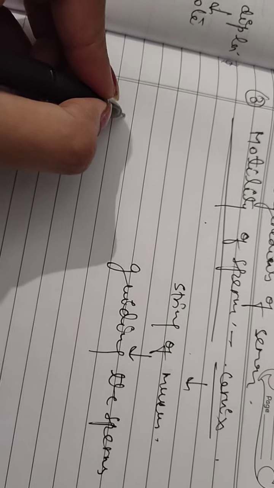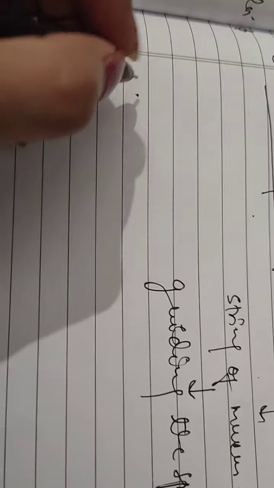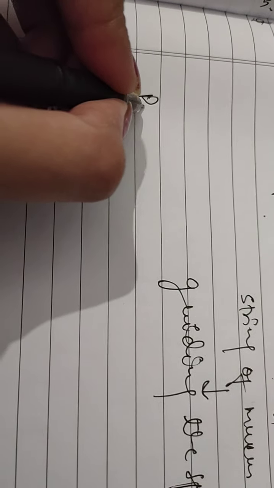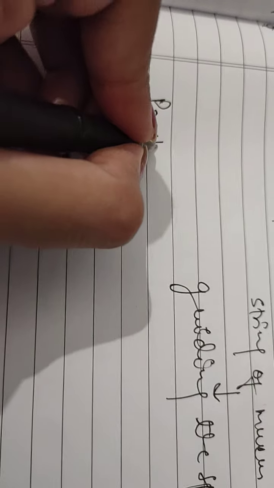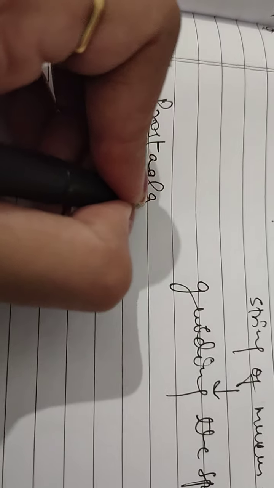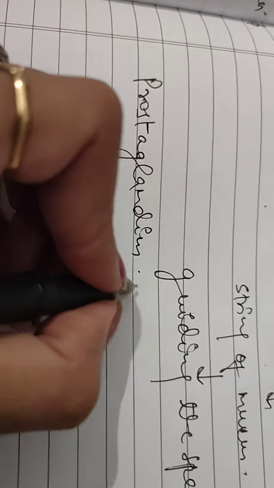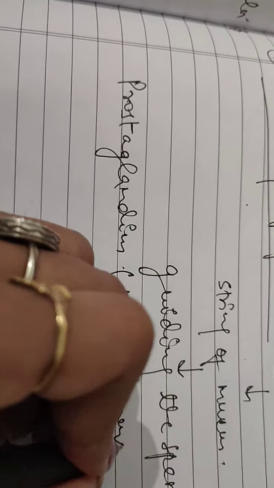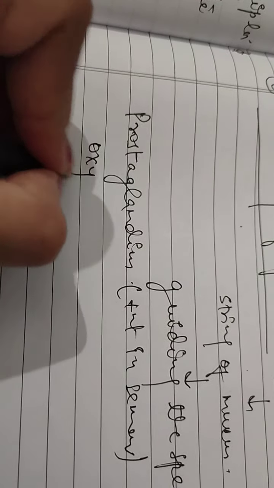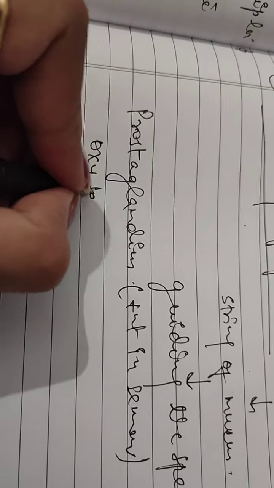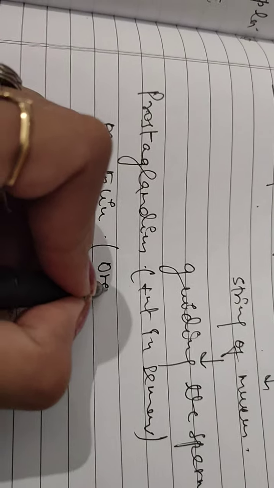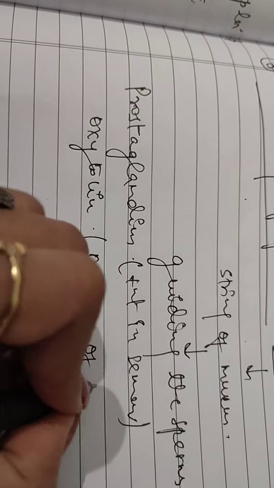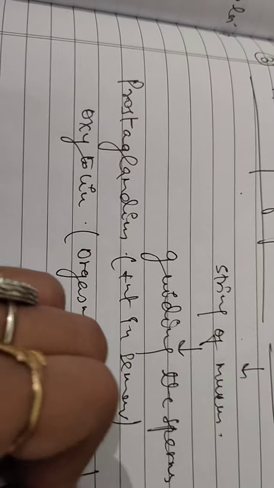And there are many constituents of semen, among them prostaglandins, which is present in semen, and oxytocin. Oxytocin is released during orgasm of the female.